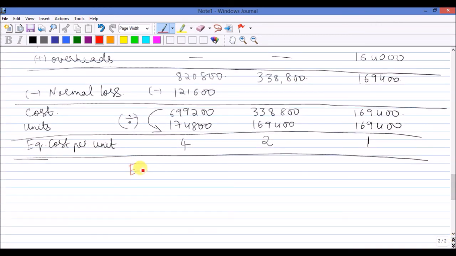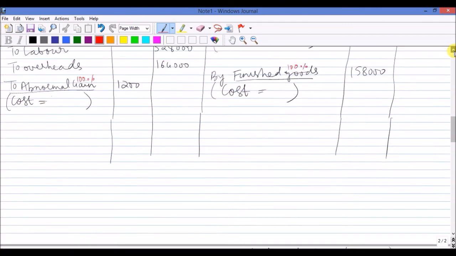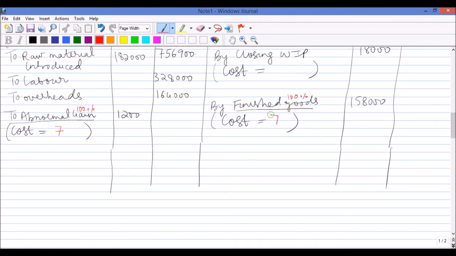So equivalent cost per unit in total is how much friends? 4 plus 2 plus 1, 7 rupees is the equivalent cost per unit. So I'm going to write here 7 and here 7. 7 into 1,200 is going to give me 8,400, and 7 into 1,58,000 is going to give me 11,06,000. Okay, so I've done with the sum.